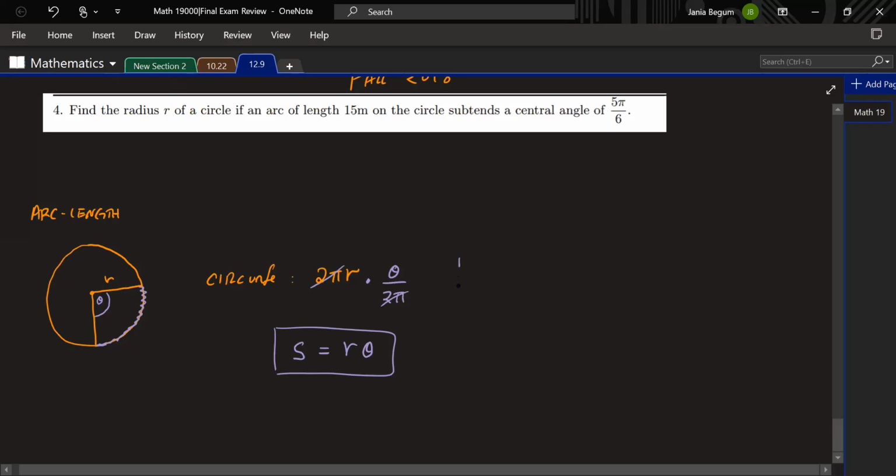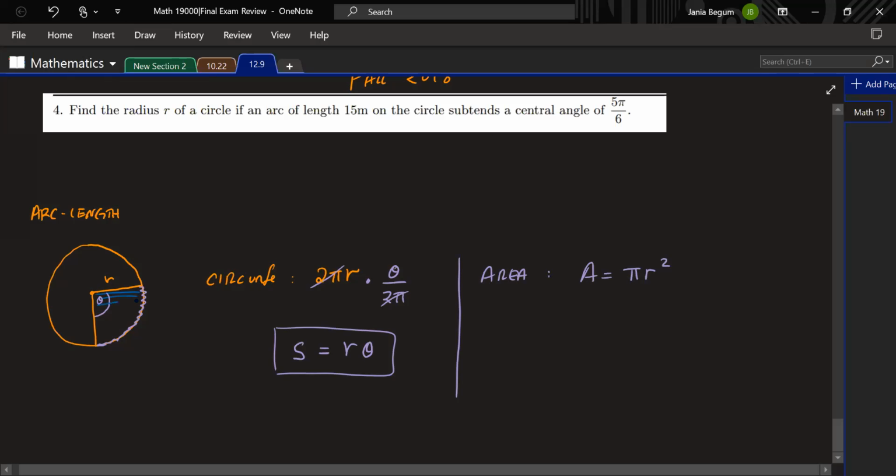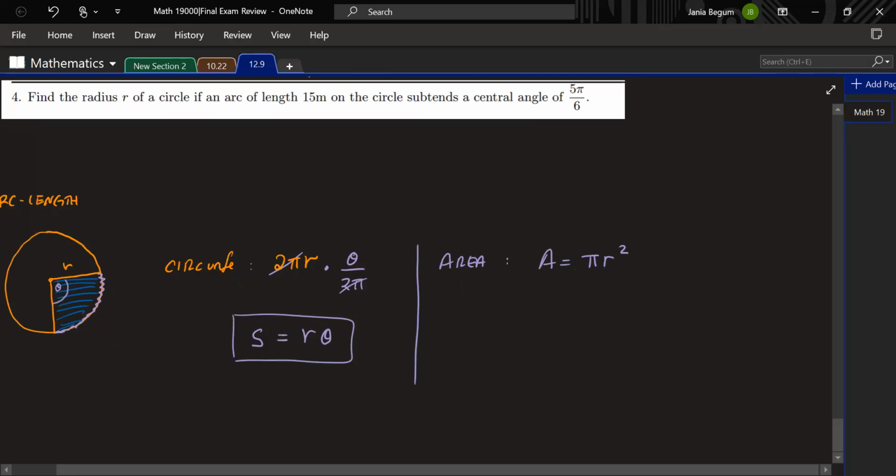Now what about the area? Well, the area of the entire circle is equal to what? What's the formula? Pi r squared, right? Now, again, you're just looking at a portion of it, just this sector right here. So again, that is determined by theta.